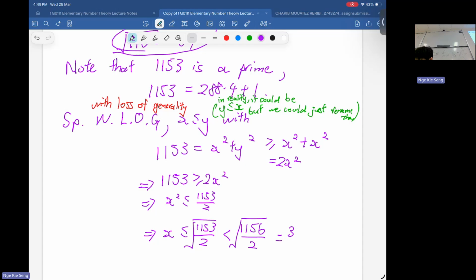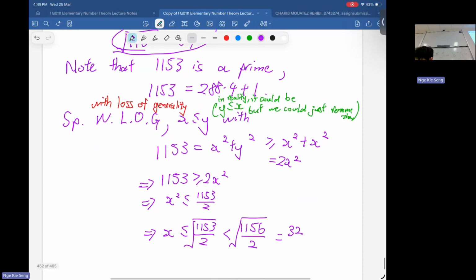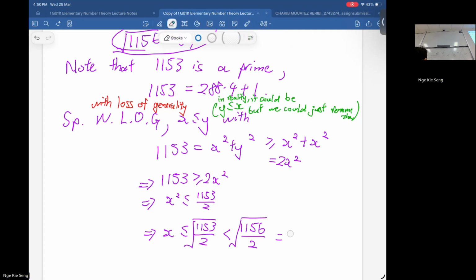So if I do this right, it's 34 over square root of 2. Is this any better? Or maybe, let me think. Or is this better? Square root 5. Oh, it doesn't matter.